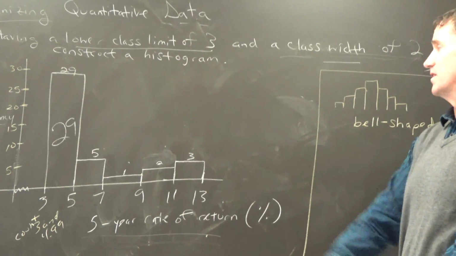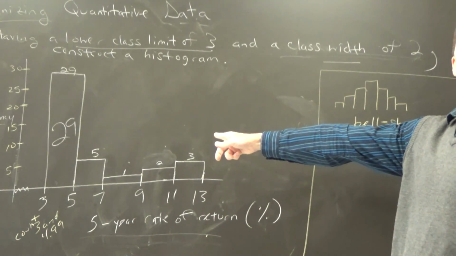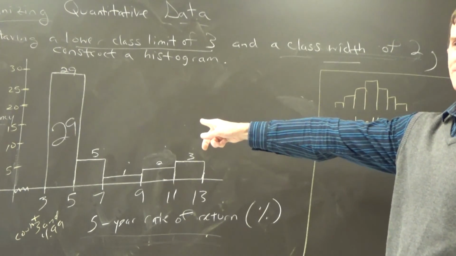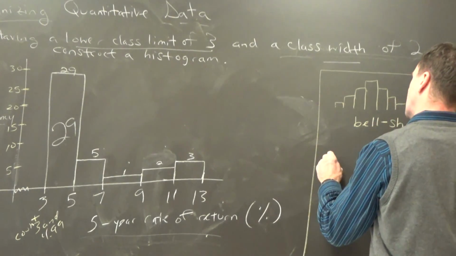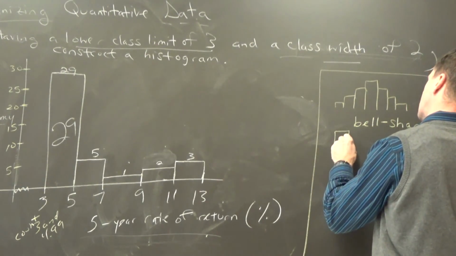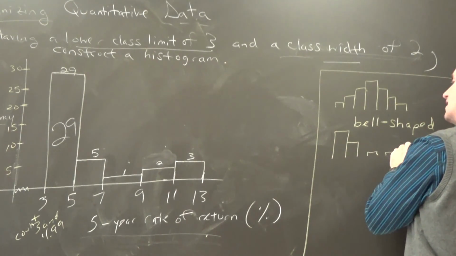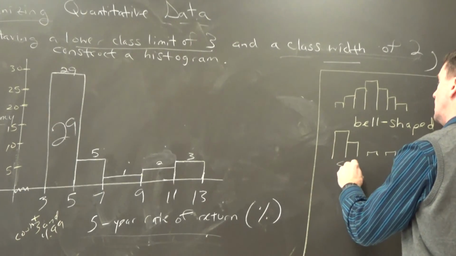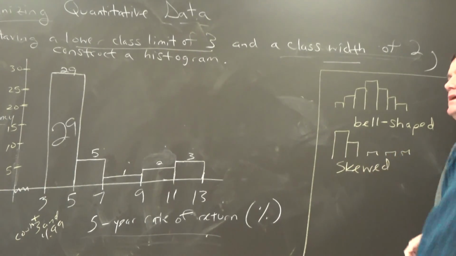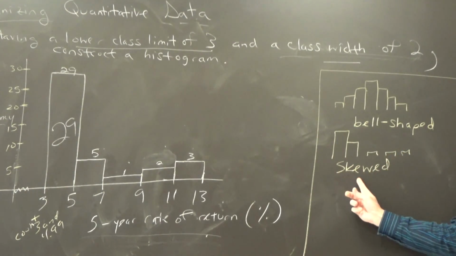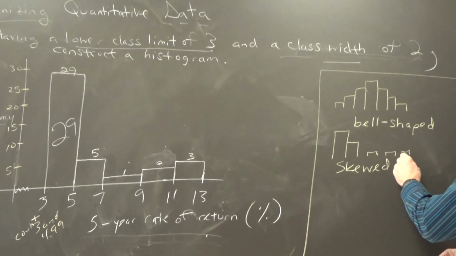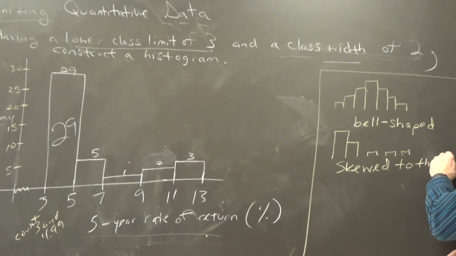Bell-shaped distribution. Well, this thing is not bell-shaped, do you agree? This is skewed. If you had a distribution like this, really high on the left, and then it kind of went down to the right like that, that's called skewed, S-K-E-W-E-D, skewed to the right.